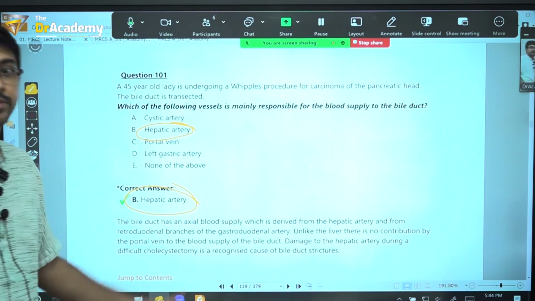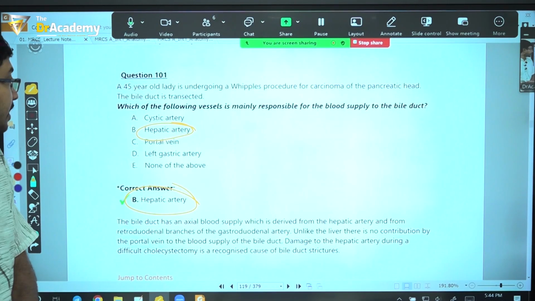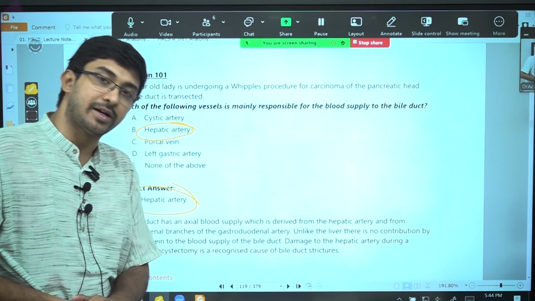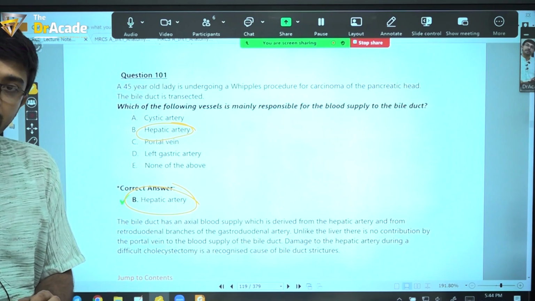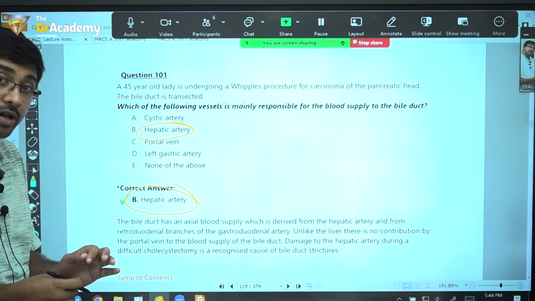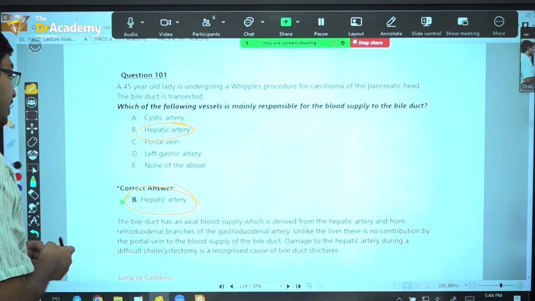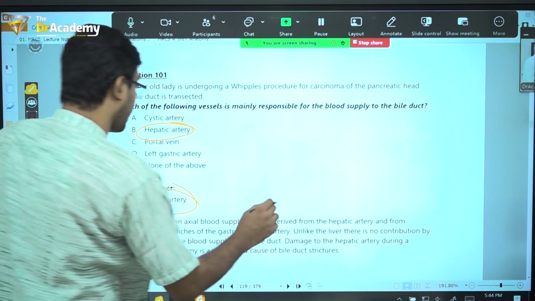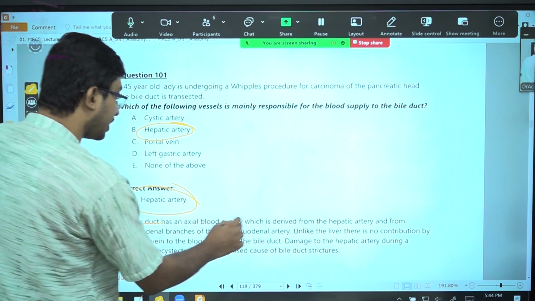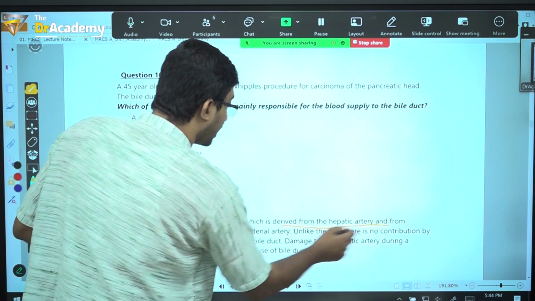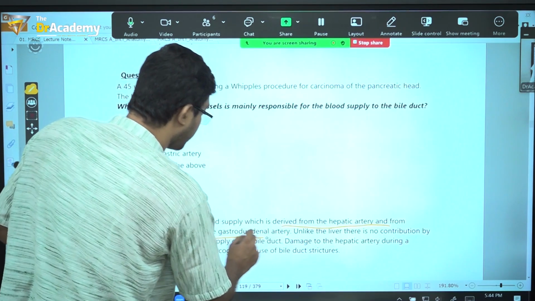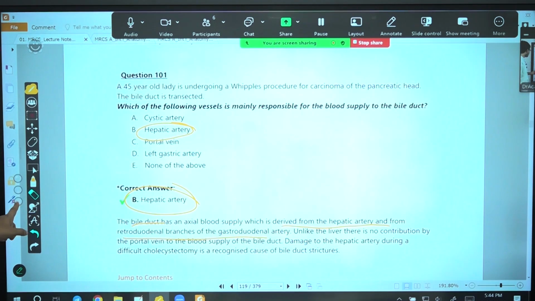The cystic artery, pancreatic branches and some duodenal branches may also provide blood supply. But the bile duct has an axial blood supply derived from the hepatic artery and from the retroduodenal branches of the gastroduodenal artery.